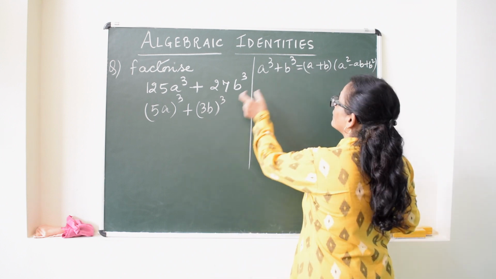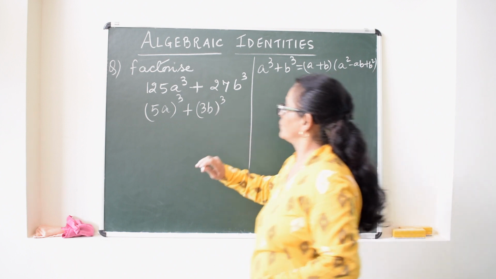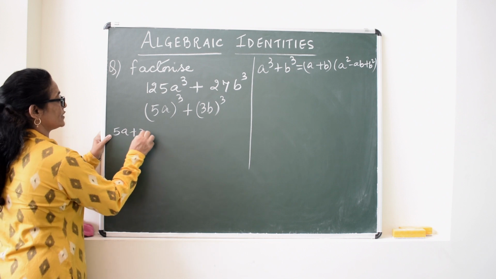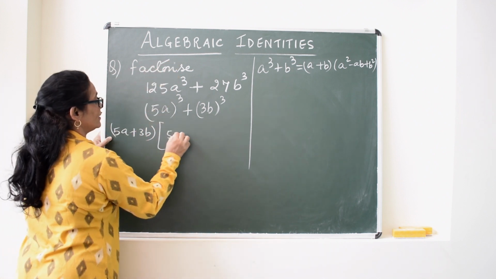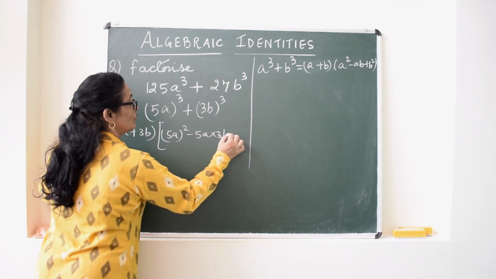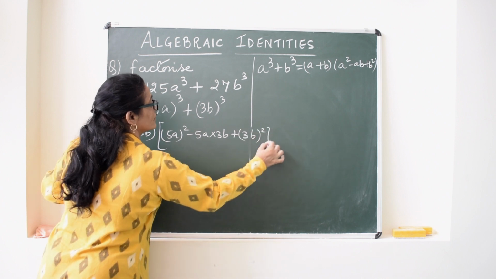Now this will compare with this. So we have to write it in the form of its factors. So this will be a plus b, means first term plus second term, into a square minus ab plus b square.